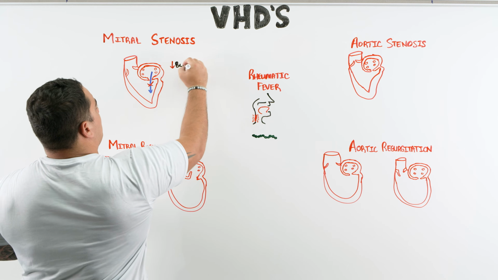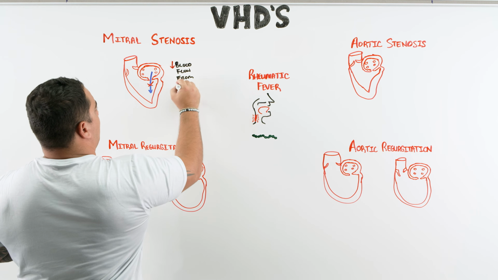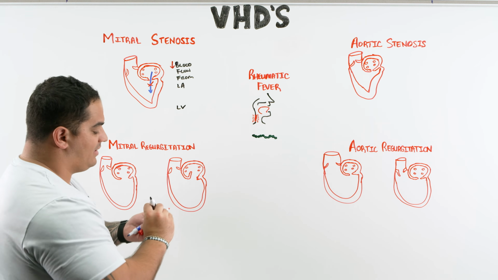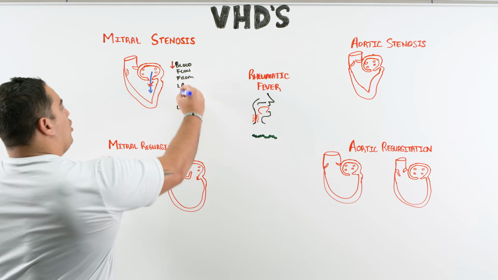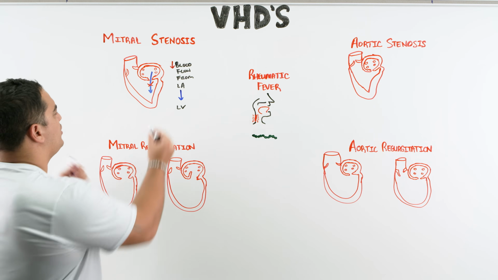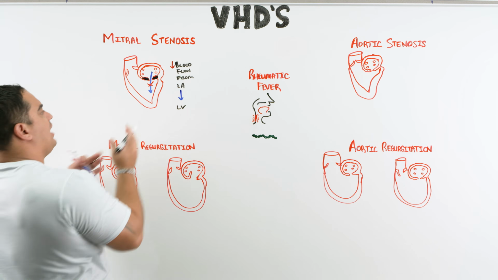Blood flow from the left atrium to the left ventricle. And really that's about as simple as it needs to be. But the question then arises, what generally causes this valve to become super stenotic and tough and hard, and not just allowing it to open?